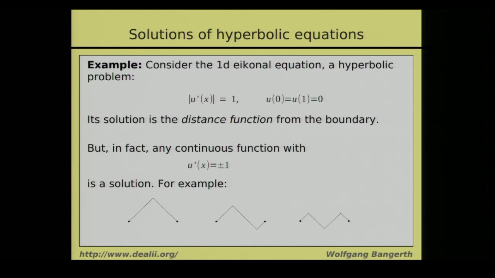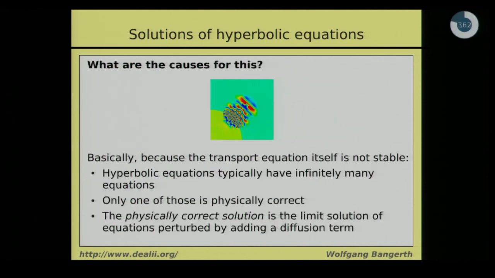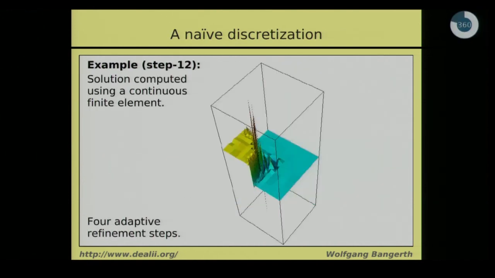And so when I showed you these pictures of the solution here, for example, you can imagine that maybe what we converge to is one of these other solutions of the transport equation that satisfies the weak form, but is not the physical one, right?